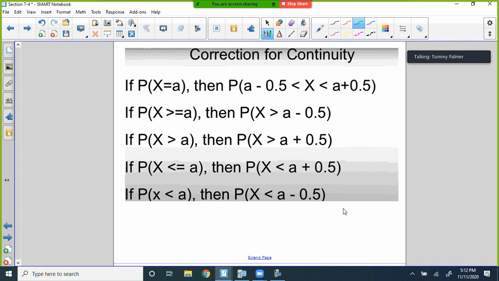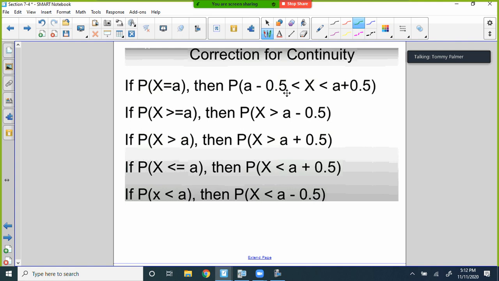Here's a really good chart on the correction for continuity, the correction for taking a bar and making it into a curve, because a normal approximation is a curve and a binomial is the rectangular box, the histogram. If the probability is equal to A, we have half below it and half above it, so we get the left side and right side of the bar at that point.